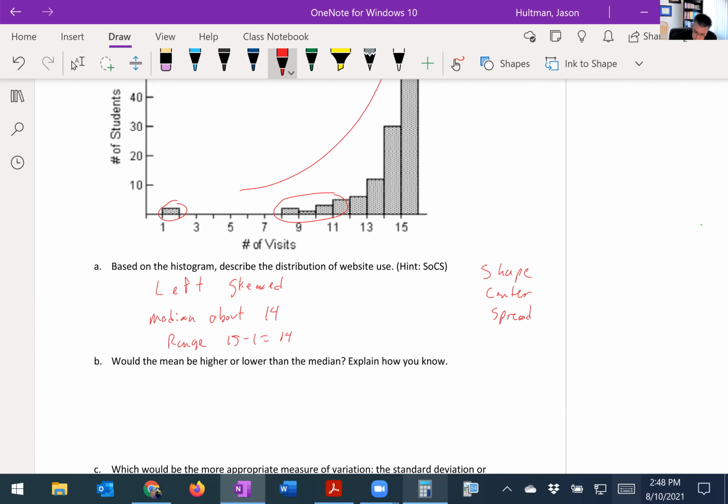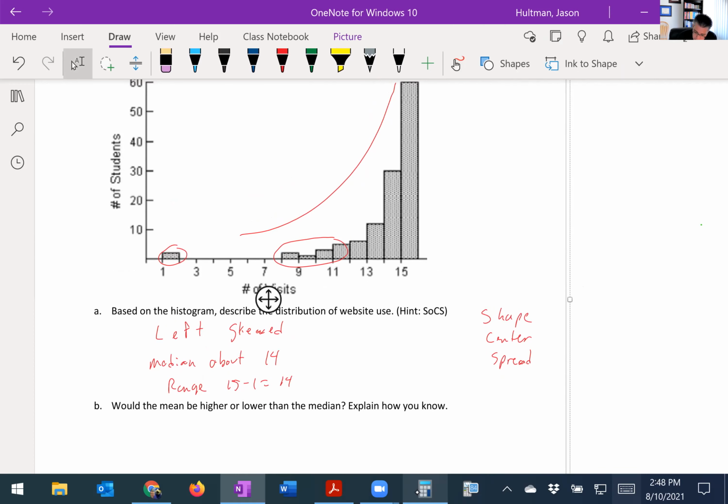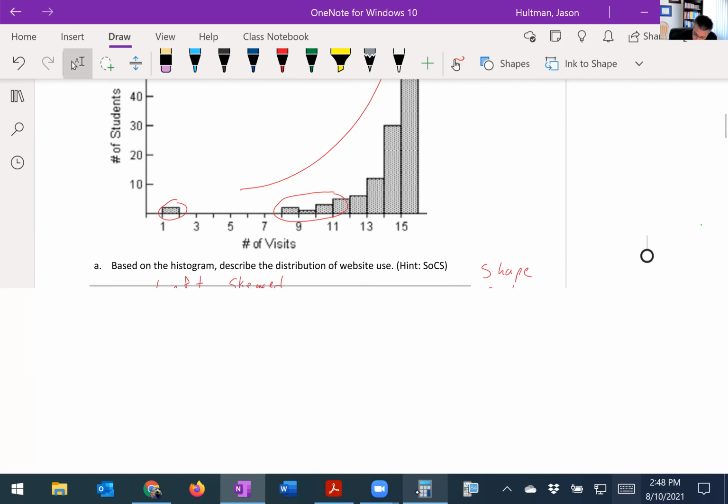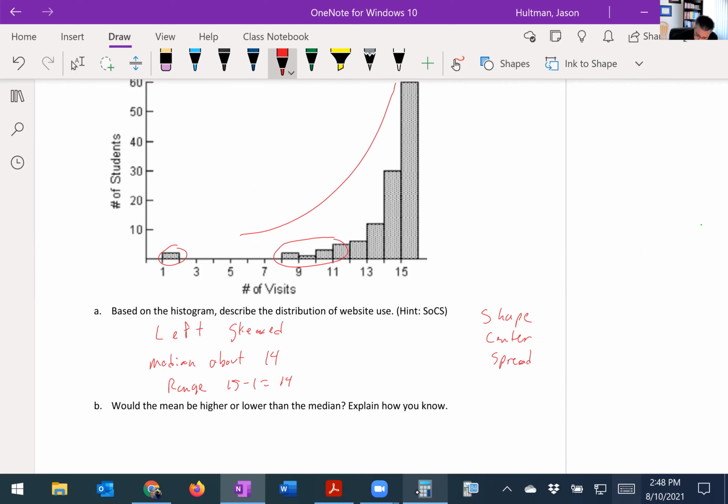So this is skewed, right? Skewed data, and we have an outlier here. So here the mean would be lower than the median, because of all the low outliers.